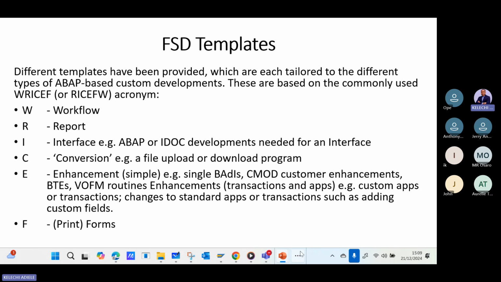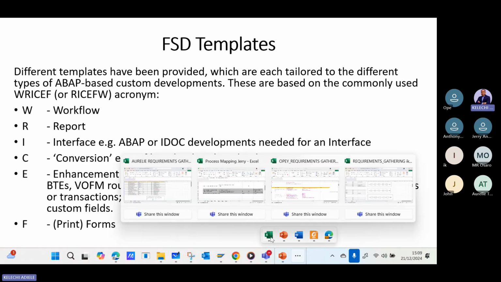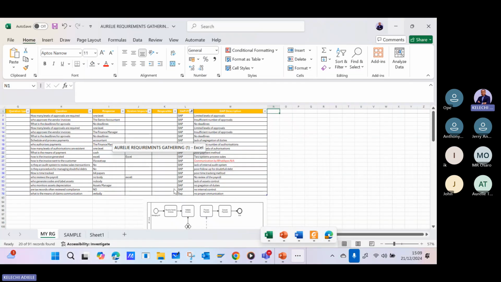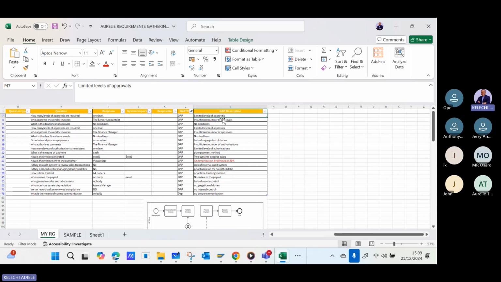If I go to this gap here, for example, you see approvals. Once I see approvals, I know that this gap falls under workflow. If I see approvals again, these are authorization workflows, while payment method can be an enhancement.